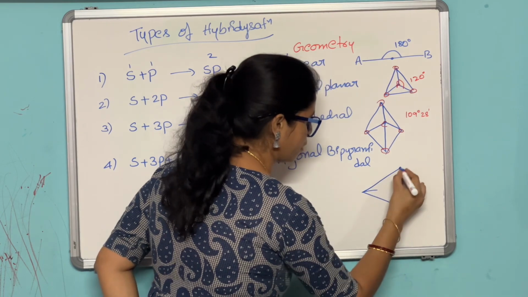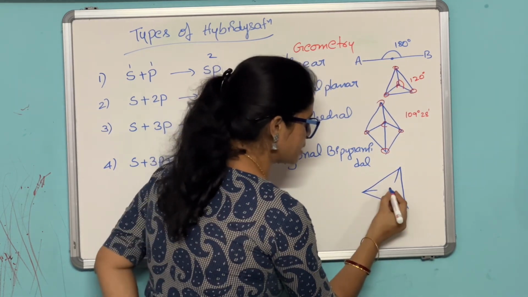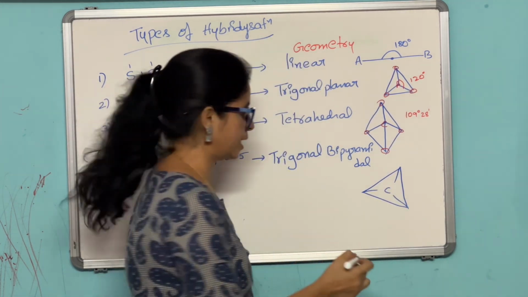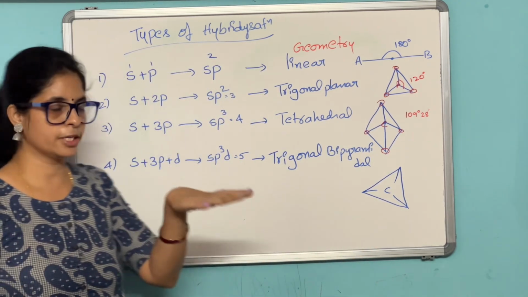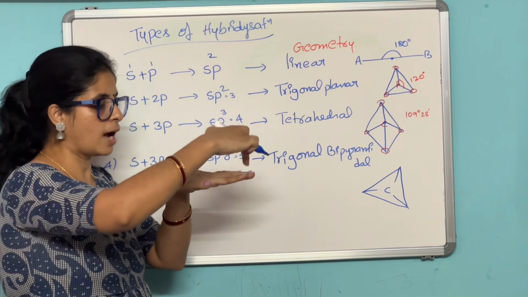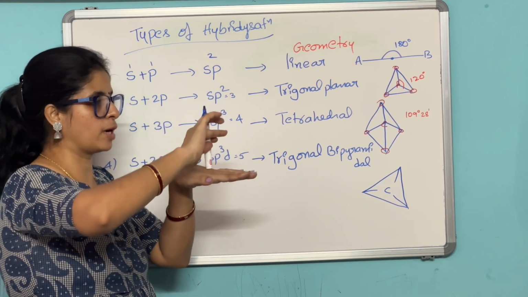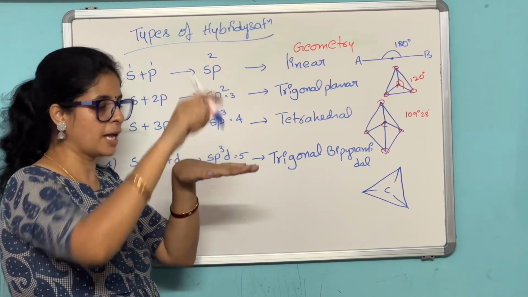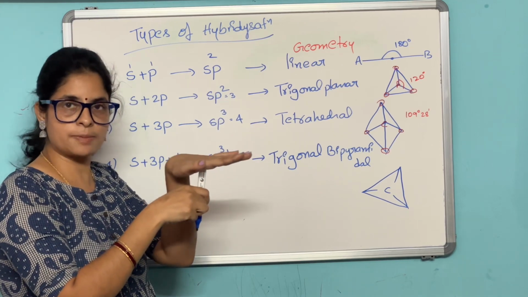Next, trigonal bipyramidal means 5 atoms with a central atom. Assume this is in the shape of a triangle. Above this triangle there will be one atom, and below this plane another atom.